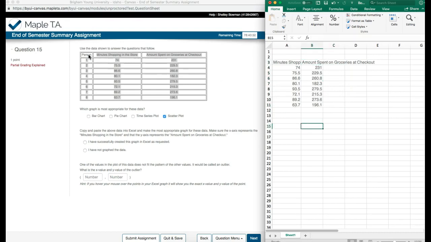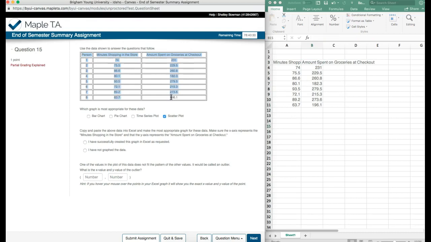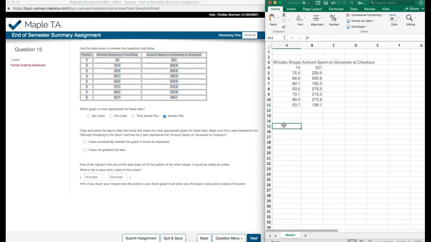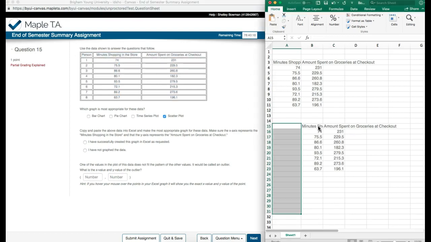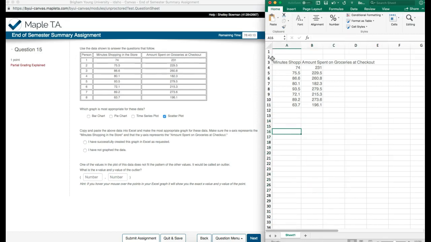To prevent that, I probably could have selected person as well and then just deleted that whole column. Yep, there we go. So don't make my mistake and not select the person there. Okay, so we'll delete these two now and make our chart.